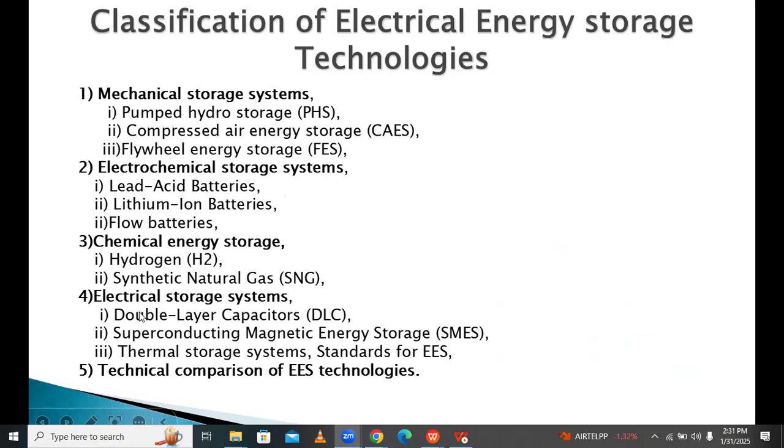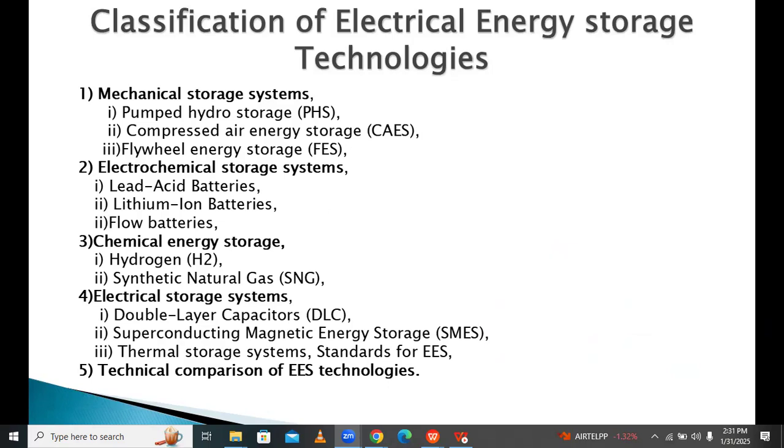Then the last one, electrical energy storage system. In this, we have high efficiency devices like double layer capacitors, and next superconducting magnetic energy storage system, SMES. And the final one is called thermal storage systems. So these are the different types of energy storage technologies, the classification of energy storage technologies.